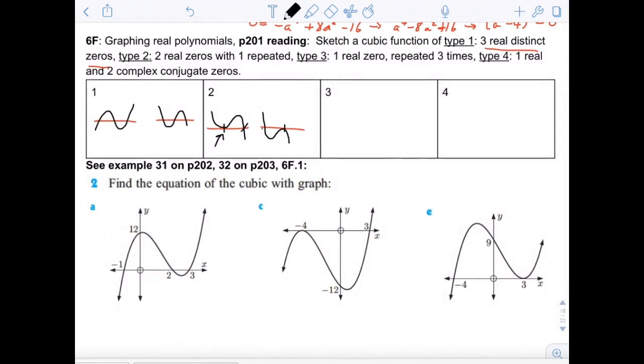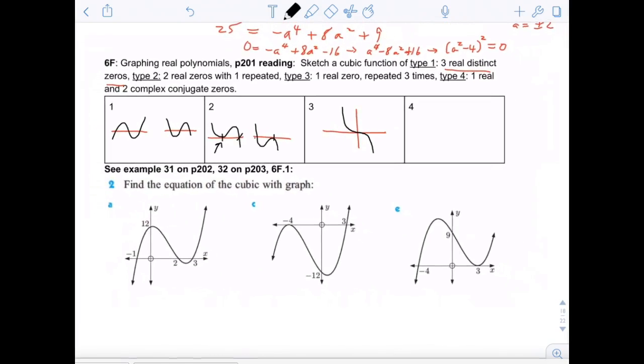Type 3, 1 real zero repeated 3 times. So that would be something like that. The inflection point is right on the x-axis. Type 4, 1 real and 2 complex conjugate zeros.